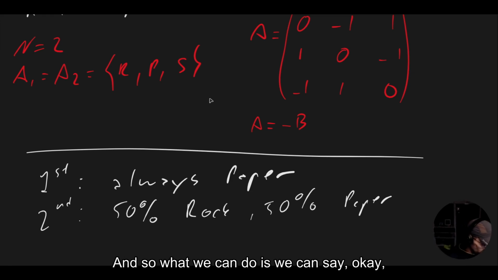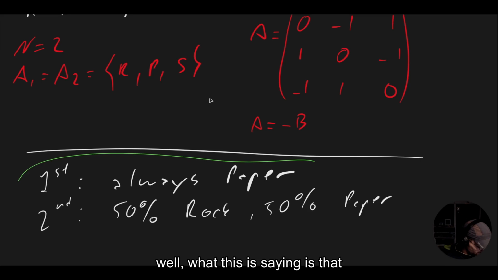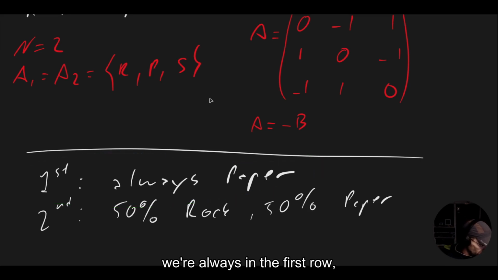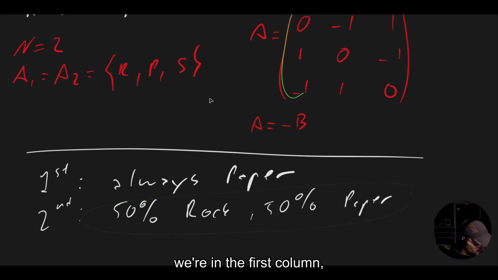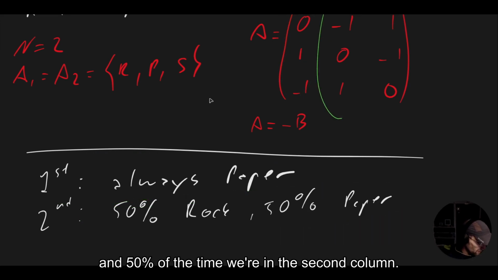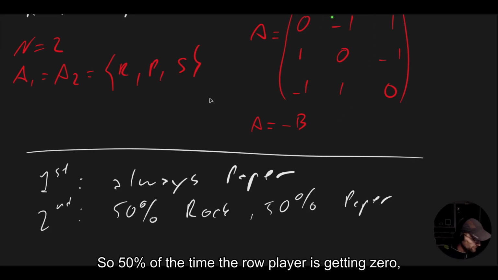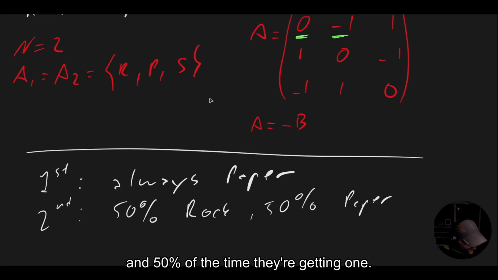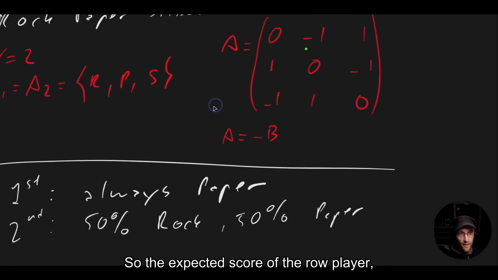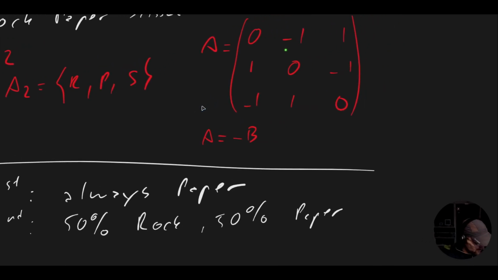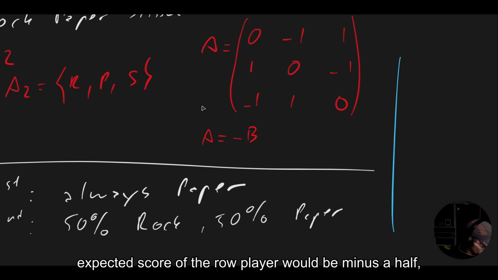And so what we can do is we can say, okay, well, what this is saying is that we're always in the first row. And what this is saying is that 50% of the time we're in the first column and 50% of the time we're in the second column. So 50% of the time the row player is getting 0, and 50% of the time they're getting -1. So the expected score of the row player would be -1/2.